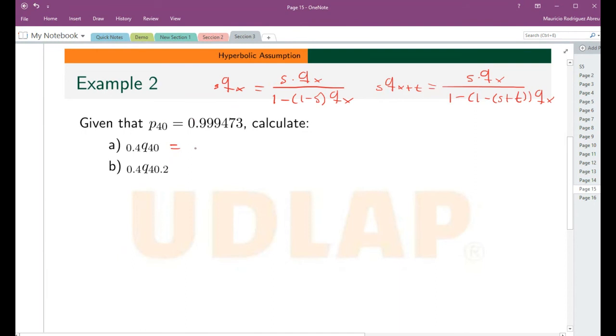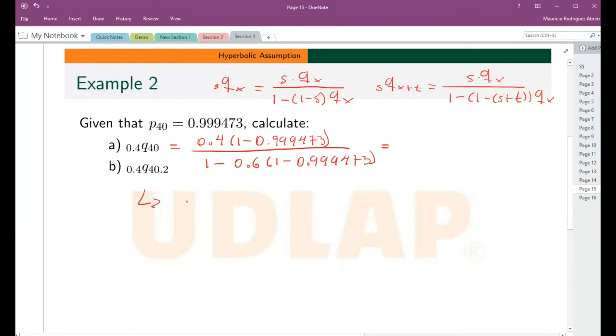So the first one is just this one, which would be 0.4 of 1 minus 0.999473, divided by 1 minus 0.999473 to the 0.6.